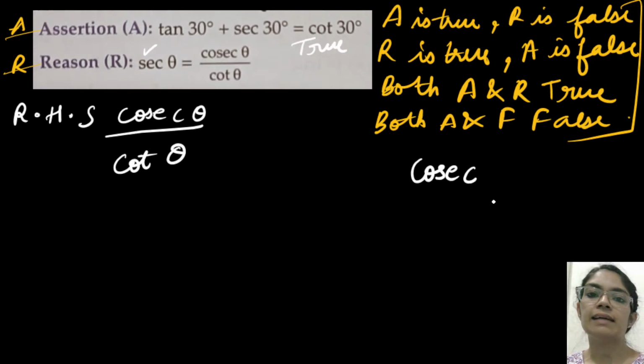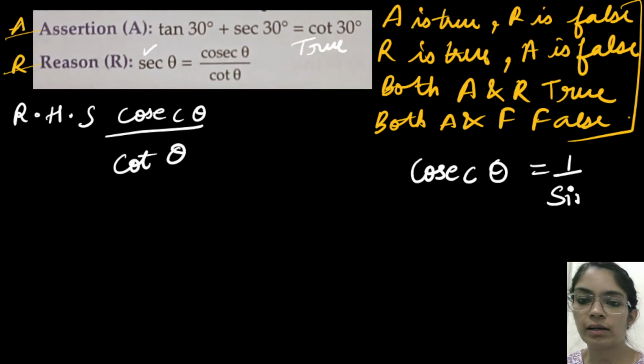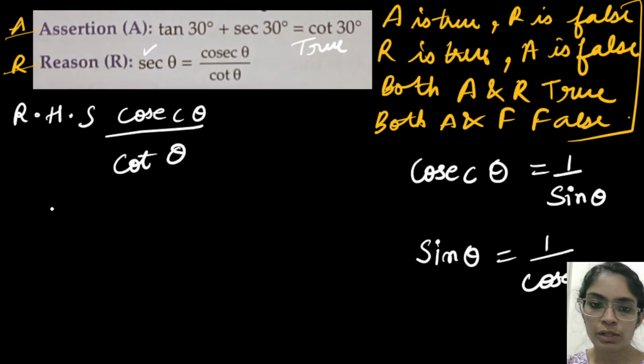Cosecant theta and sine theta are reciprocal of each other. So cosecant theta can be written as 1 by sine theta, and sine theta can be written as 1 by cosecant theta. So here in place of cosecant theta, I am writing 1 by sine theta.